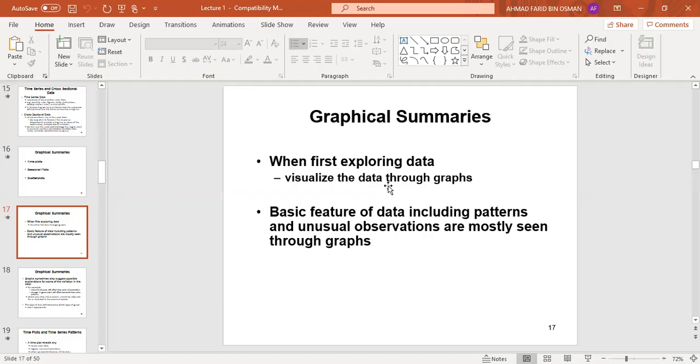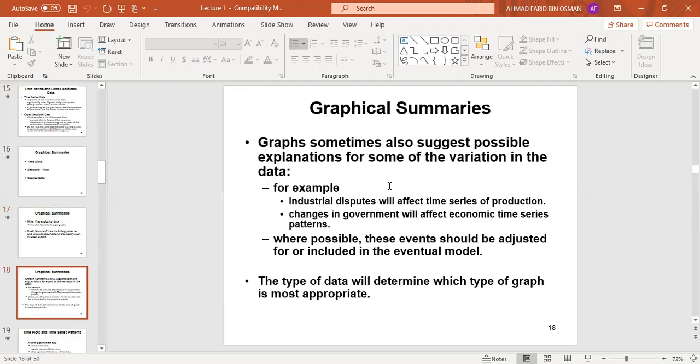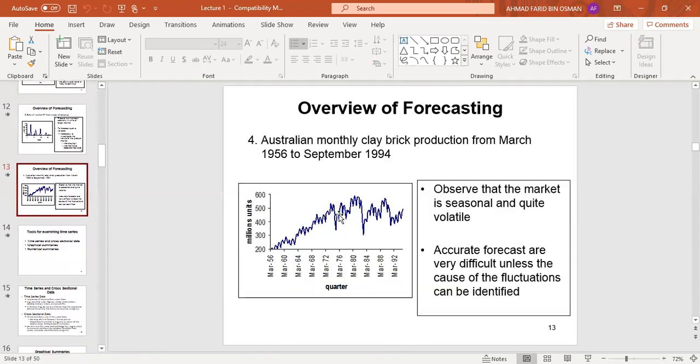After you produce the graph, you can see the pattern. A graph sometimes also suggests possible explanations for some of the variation in the data. For example, an industrial dispute will affect time series production. Going back to the example we considered before, the clay brick production: after the first half of the series, instead of continuing to increase, the values drop, and it has a cyclical pattern.